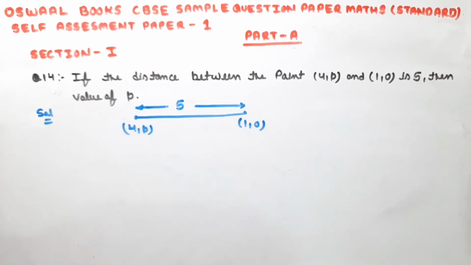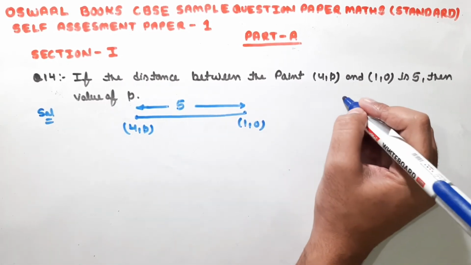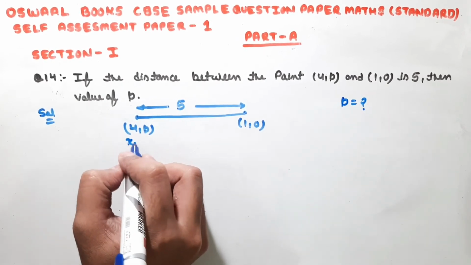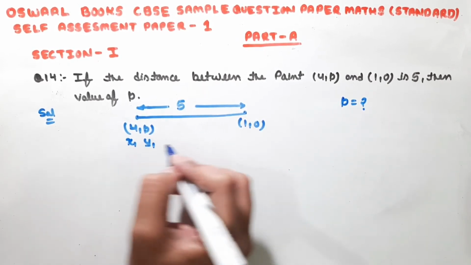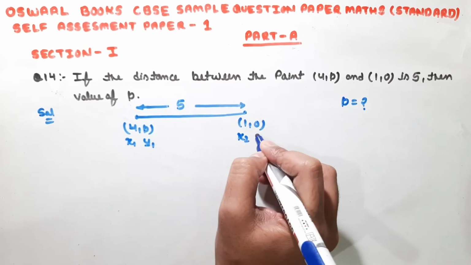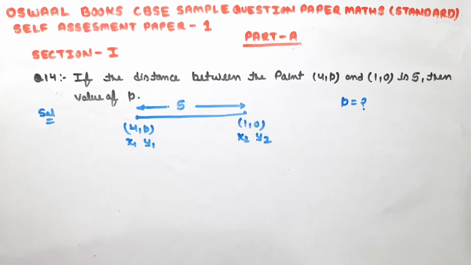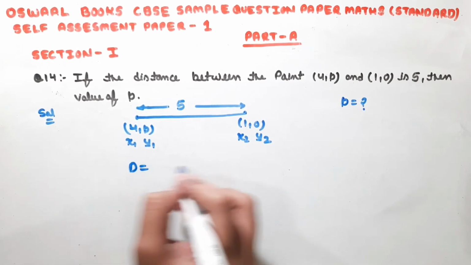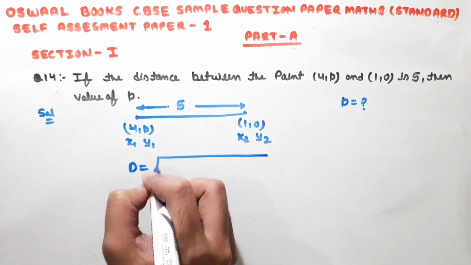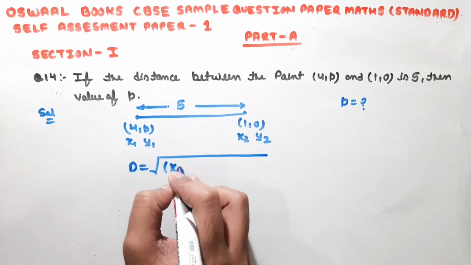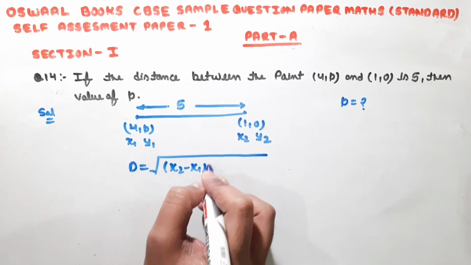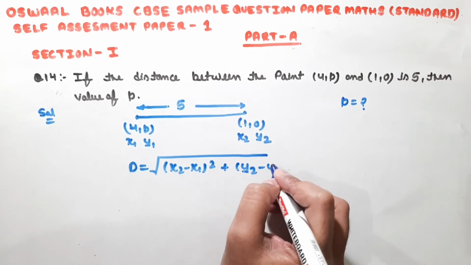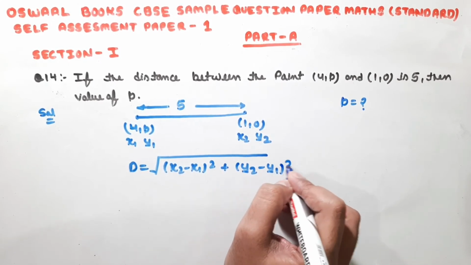Then we have to find the value of p. Let these be x1, y1, x2, y2. We know that the distance between 2 points D is given by under root x2 minus x1 whole square plus y2 minus y1 whole square.